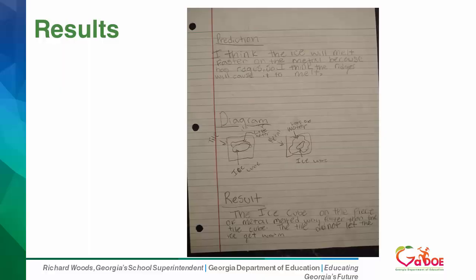Okay, so here are the results from my own daughter. And you can see with this phenomenon, there's a prediction before the actual investigation. We have an initial model here too that was produced, and we have the initial result. Now, what's great about this is we can have students share their predictions or share their initial models at the forefront of this phenomenon task.